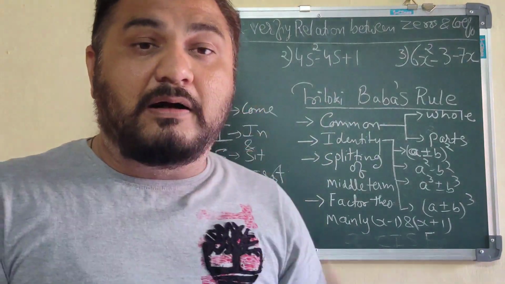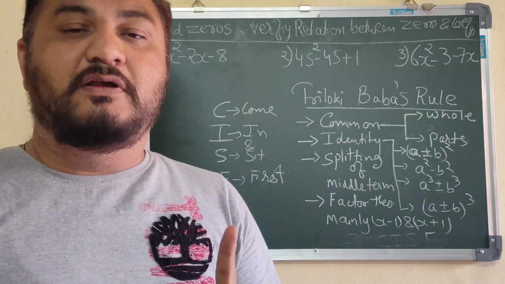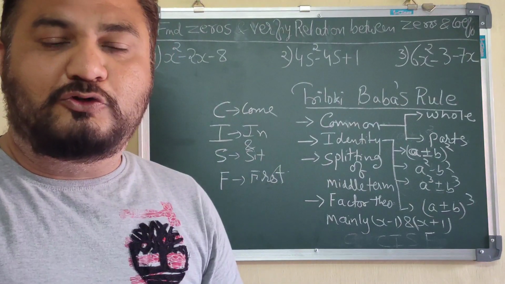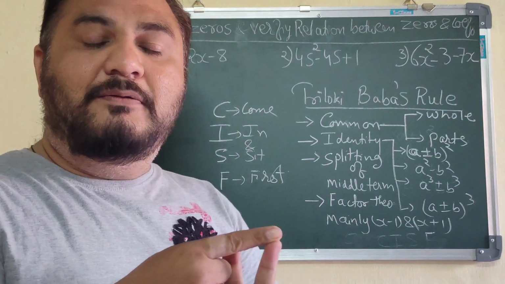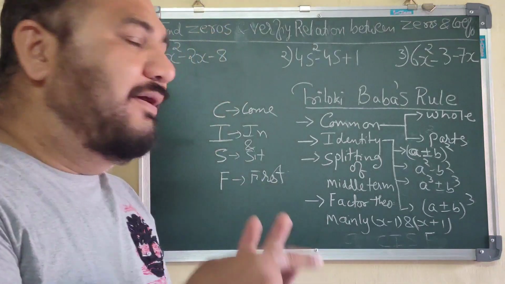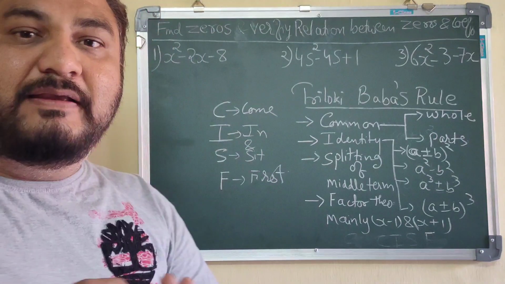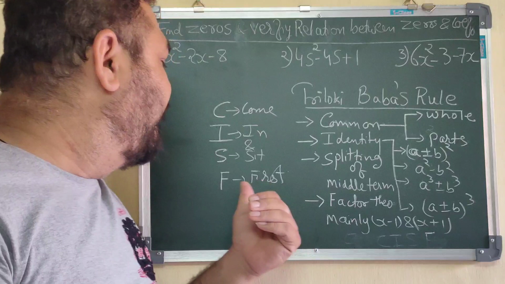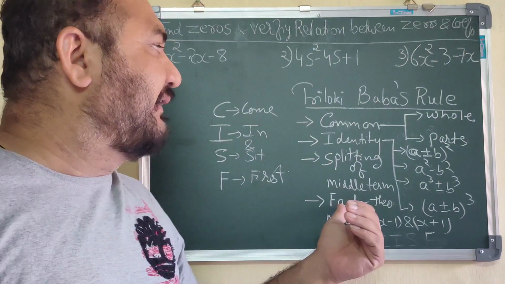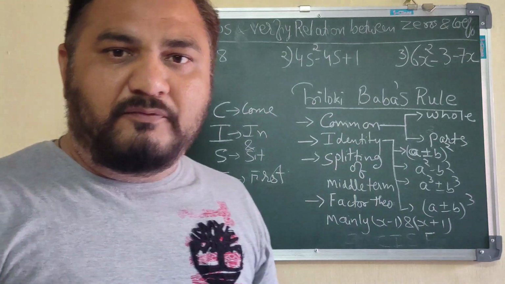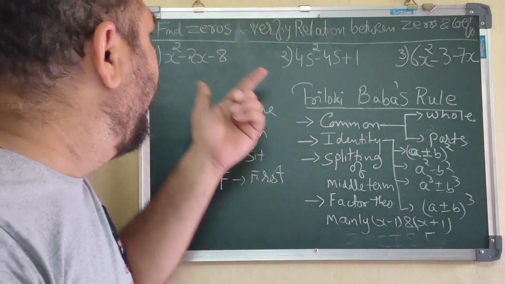Always remember, come in and sit first. Come, C belongs to common, in means identity, sit yani splitting of middle term, and first that means factor theorem.